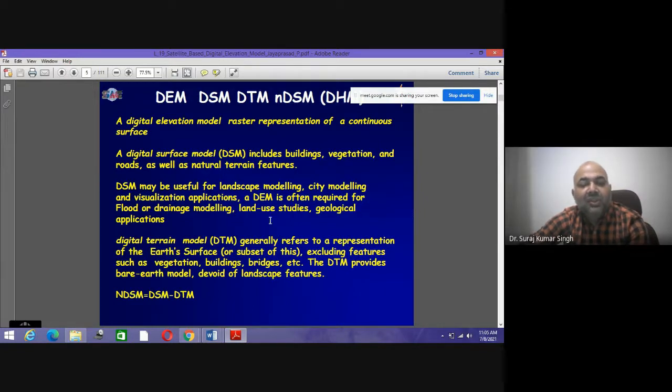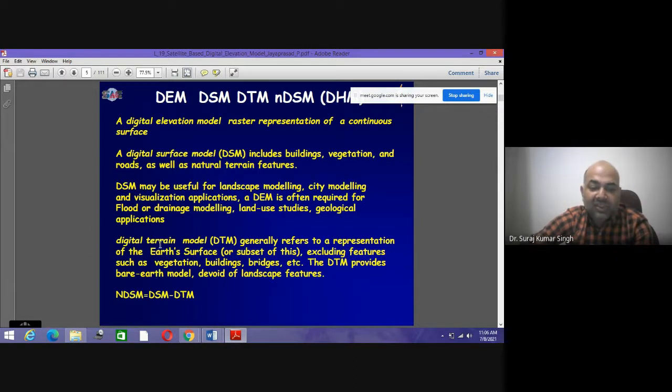So you can see that the purposes are different. Depending on your objective of the research, you will be selecting whether you will be going for the DSM model or for the DEM model. Both the models are available.